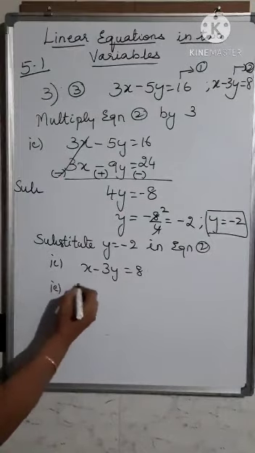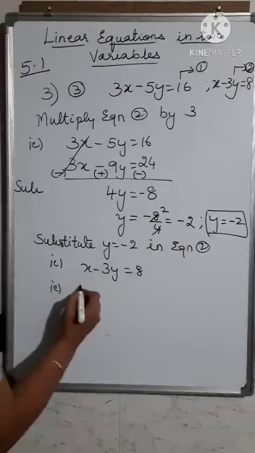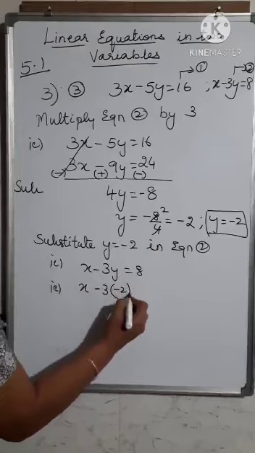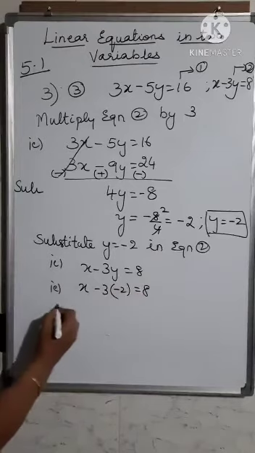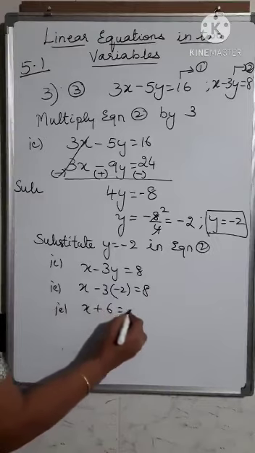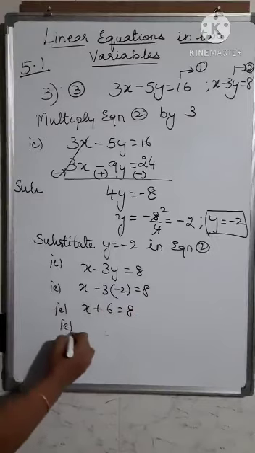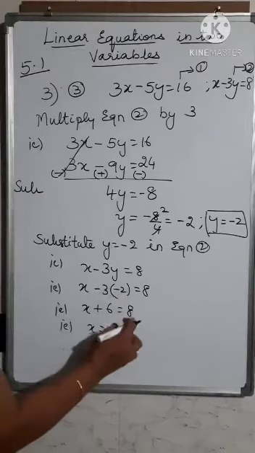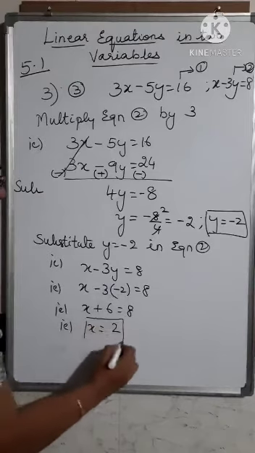So substituting, x, write it as it is, and y is minus 2, is equal to 8. Now x plus 6 is equal to 8, so you get the value of x is equal to, taking 6 to the other side, 8 minus 6, which is equal to 2.